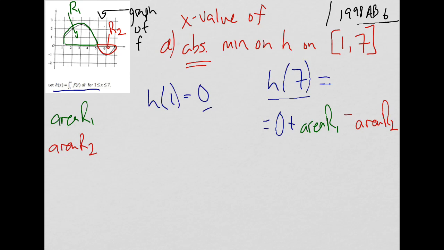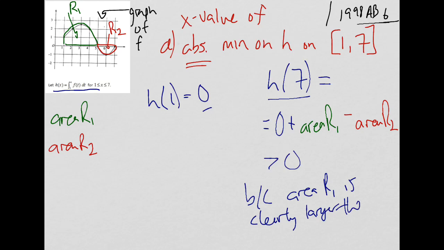Now, I would say that this is equal to, the more mathy way to say it would be to say this is greater than 0, or equal to a number bigger than 0, or equal to a positive number. And that's because the area of region 1 is clearly larger than the area of R sub 2.